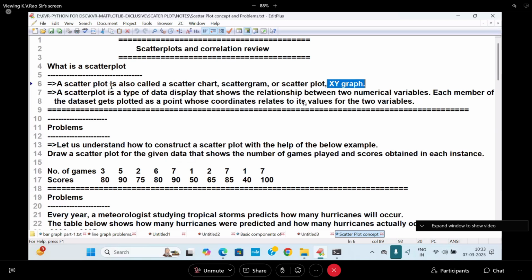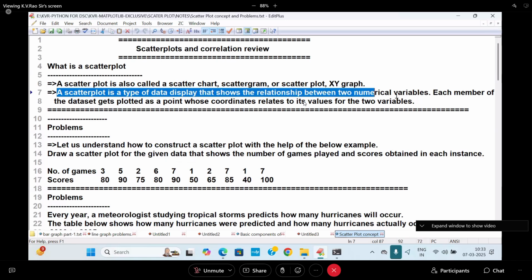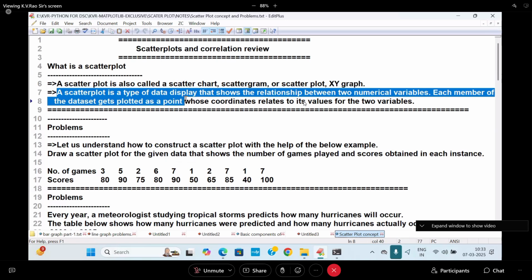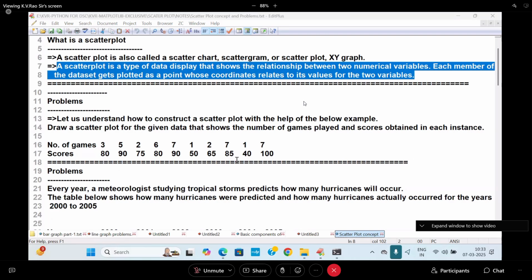Scatter plot. A scatter plot is a type of data display that shows the relationship between two numerical variables. Each member of the data set gets plotted as a point whose coordinates relate to its values of the two variables, like speed versus fuel consumption. Now take an example.